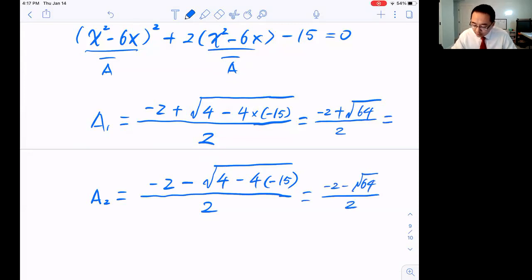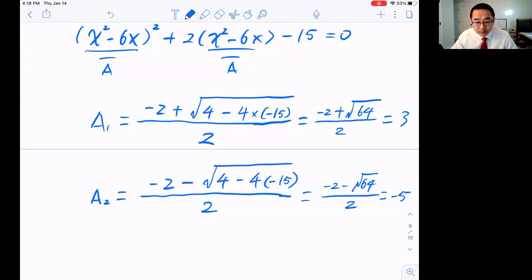And 64, we already know the square root of it is 8. So -2 plus 8 is 6. 6 divided by 2 is 3, right? And then -2 minus 8 is -10. And -10 divided by 2 is -5, right? Everybody with me so far?